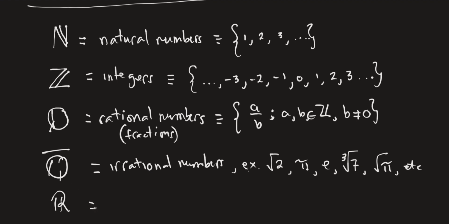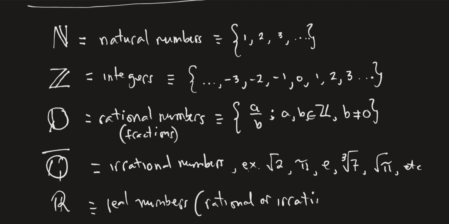So I'm not going to write it down, but basically the set of real numbers is the ones that are rational or irrational. Obviously, they can't be both, right? But the set of all of these numbers is referred to as the set of real numbers, right?